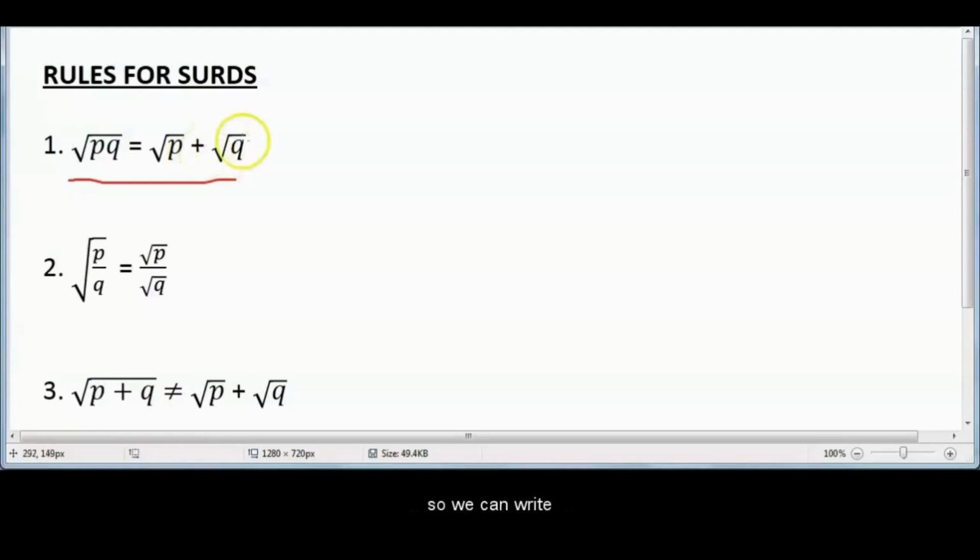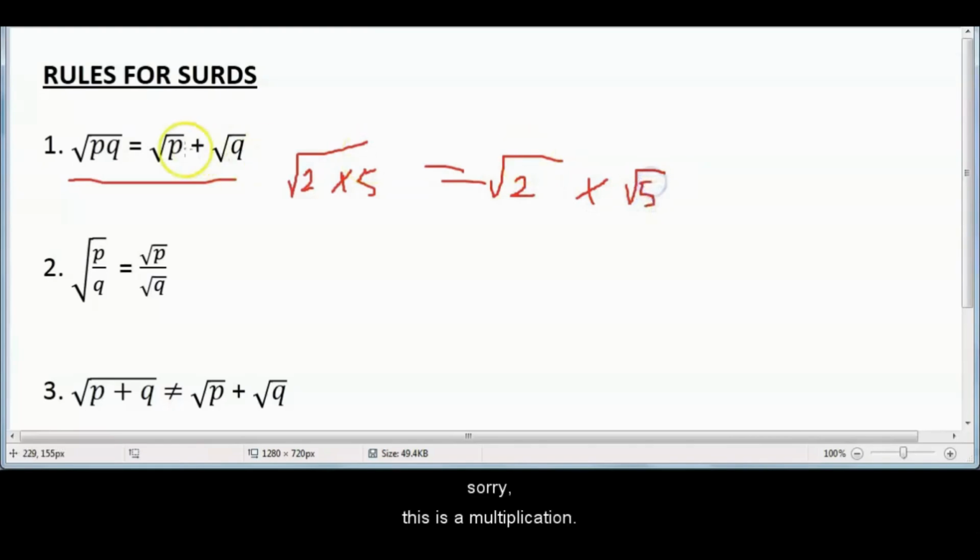So we can write root 2 times 5 can be rewritten as root 2 times root 5. Sorry, this is a multiplication. Root of PQ is root P times root Q. My mistake.